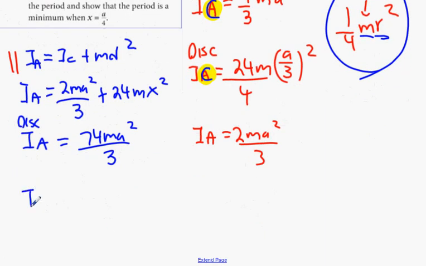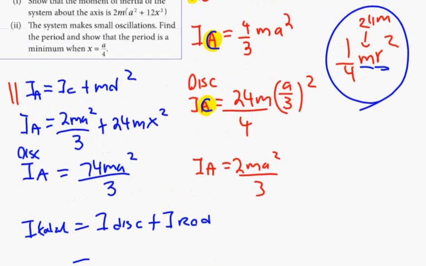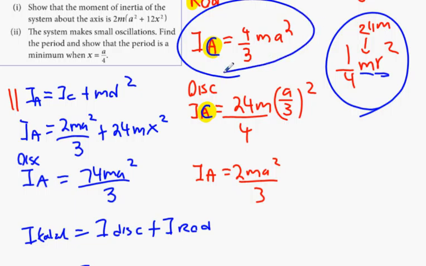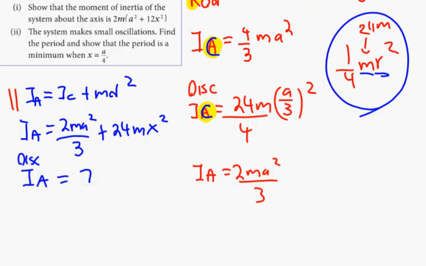I total is the combination of your disk and your rod. Disk and the rod would imply, where's the disk? The rod is here, the disk is here. We're going to add them together, and what are we going to get there? Oh, sorry guys, excuse me. We couldn't add the two of them together that time because it's x squared and a squared.